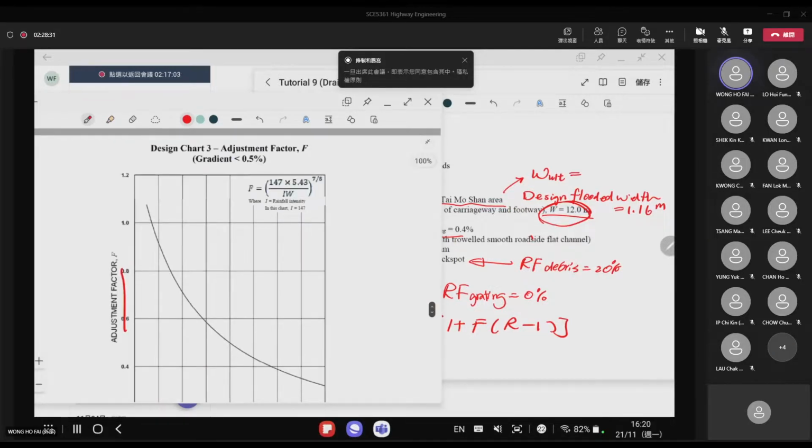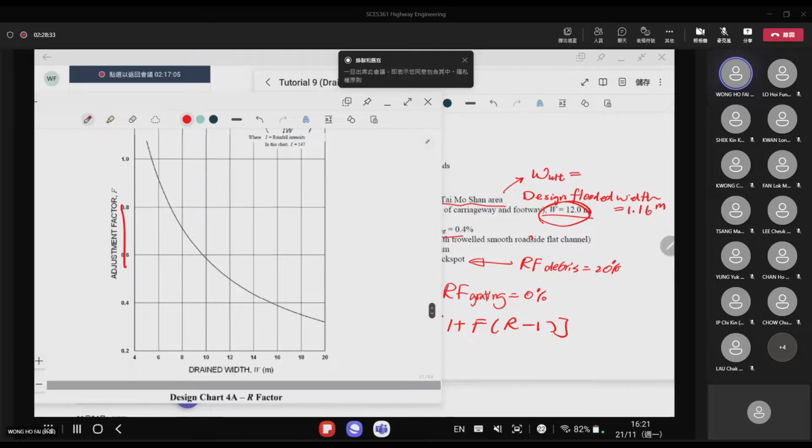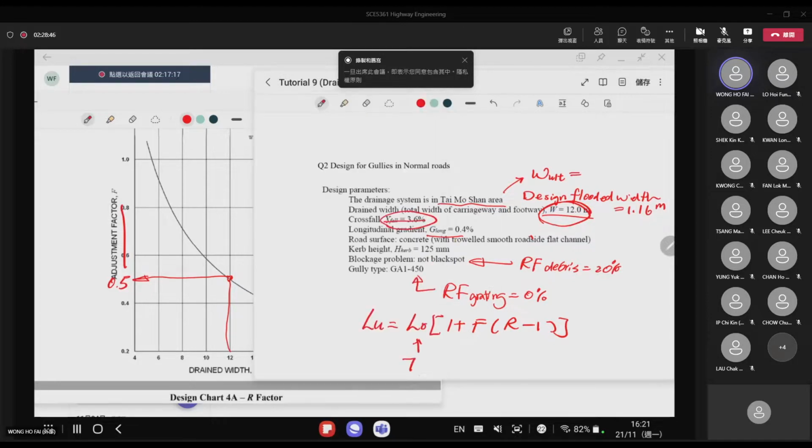This is the chart 3. So it depends on the jointed width, it is around 12 meters. And then you can take a look at the adjustment factor, it is around 0.5, right? So F is around 0.5. Agree?